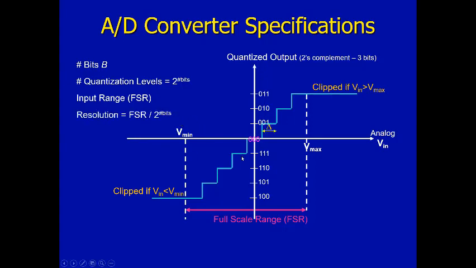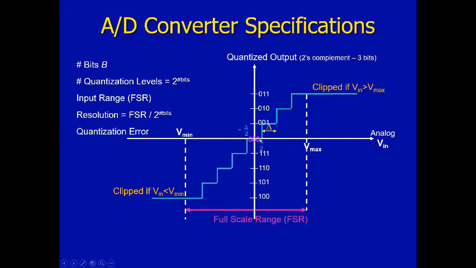The resolution of an A to D converter is how big a voltage each little step in the binary output represents. We get that number by taking the full scale range in volts, the maximum range of signals we can convert, and dividing it by the number of levels, which is 2 to the B. This gives us volts per A to D count.